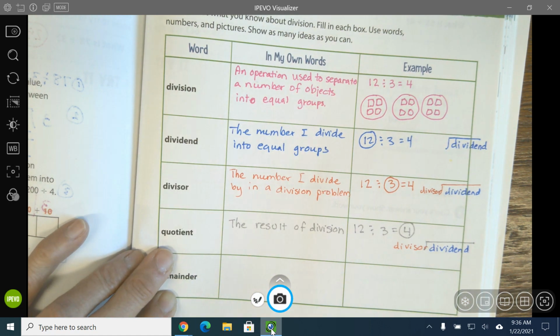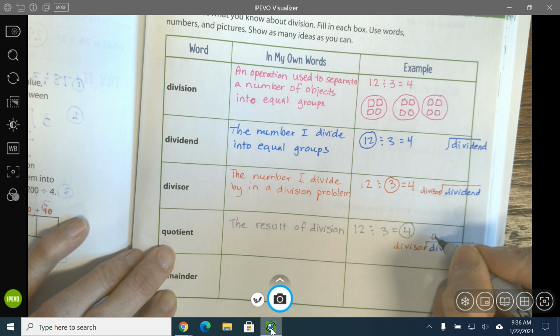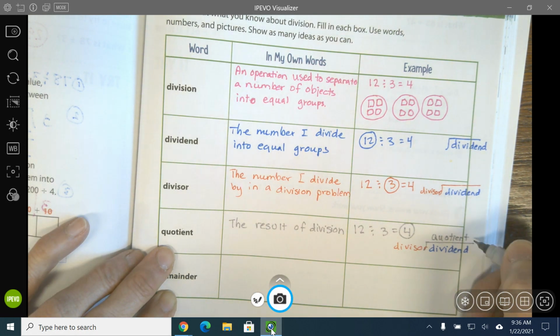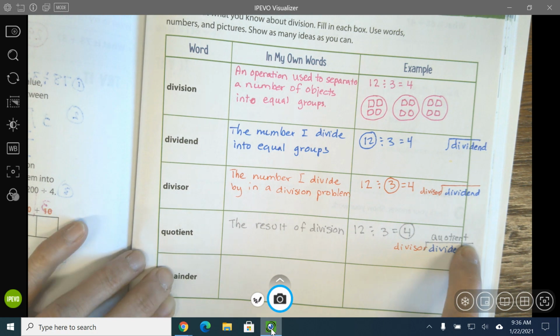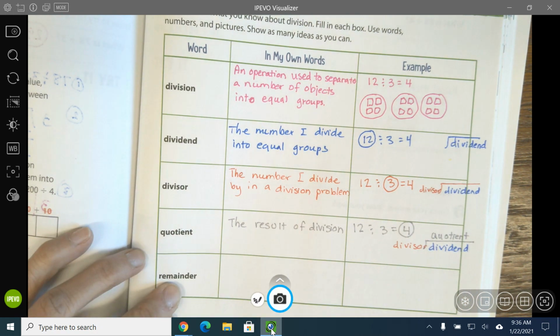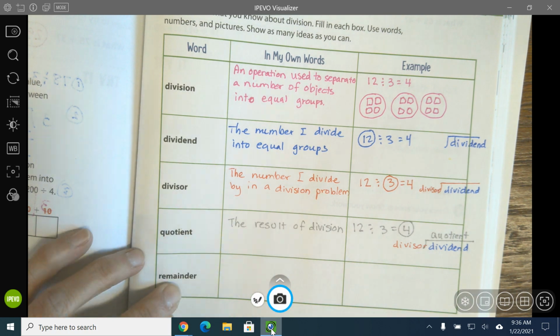And then you have the divisor, the quotient. Sometimes I say this is the most important part. This is the queen. The queen collects her taxes. This is my queen. She sits on top. She tells me how much money I'm going to get. That is awesome. I would like to be the queen who sits on top.